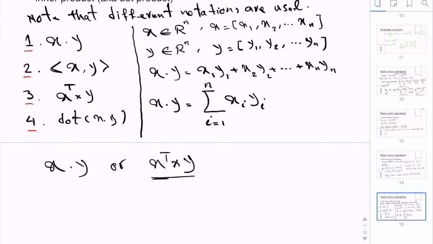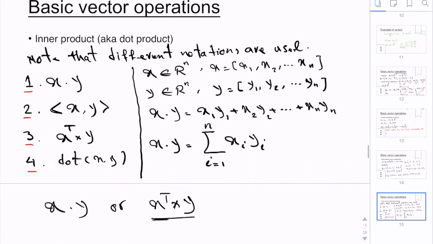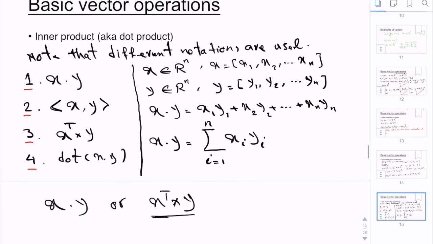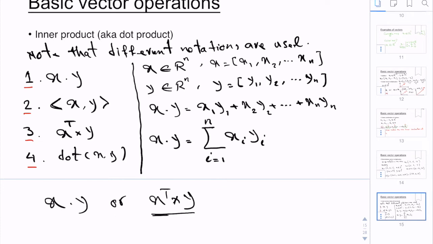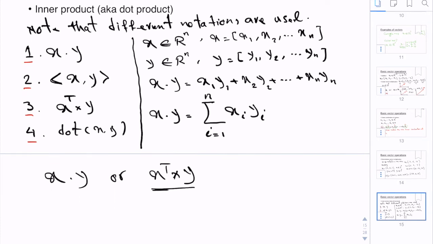So what does it mean? That means basically this is a simple matrix multiplication. Therefore, let's say what matrix multiplication is. This one is clear, but for this one I wanted to remove the ambiguity.